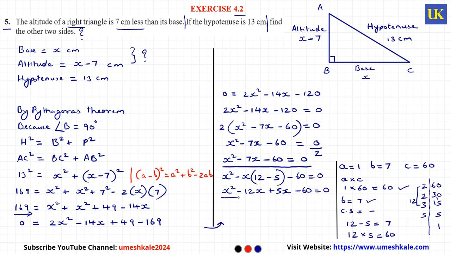Now from these two terms we'll find something common, and from the other two terms we'll find something common. Here the common factor is x, so x minus 12 will remain in the bracket, and here we can take out 5 as common. So x minus 12, because 12 5s are 60, is equal to 0.